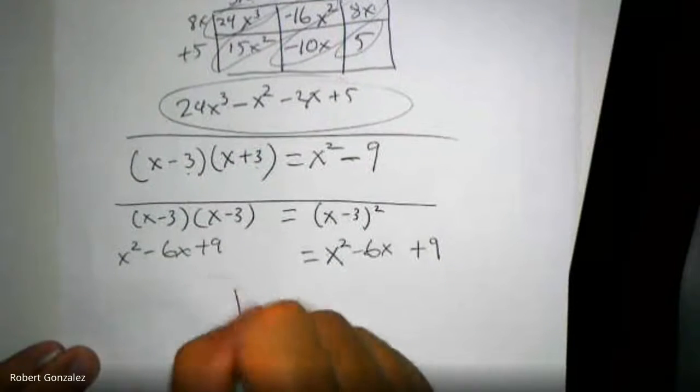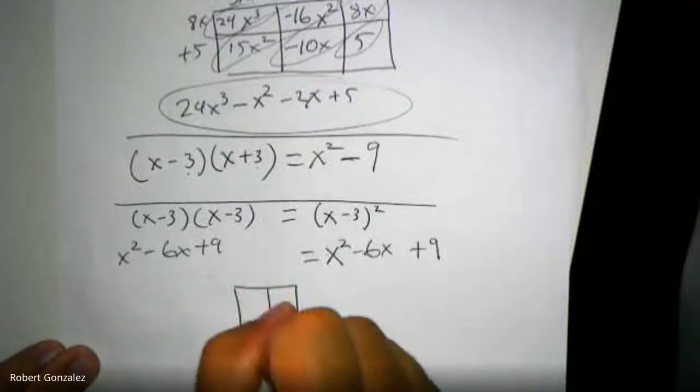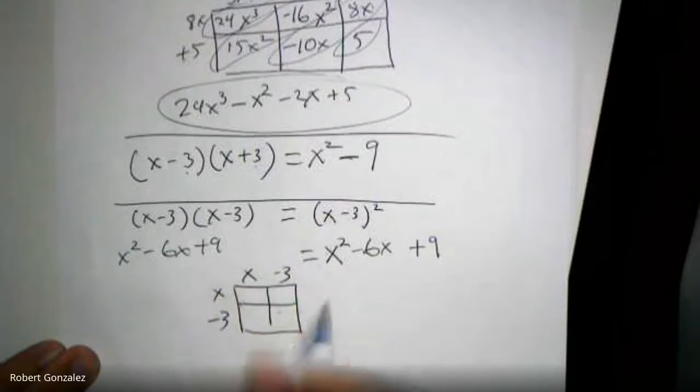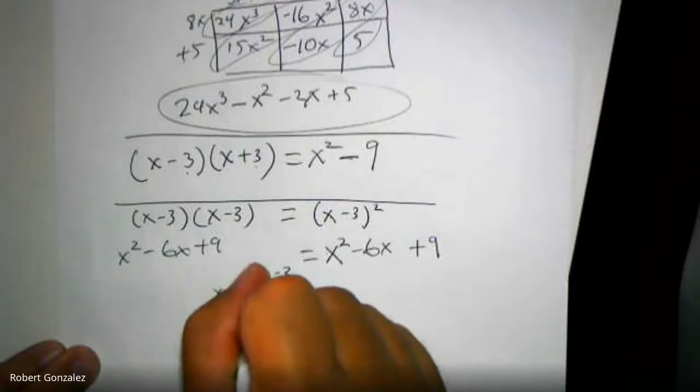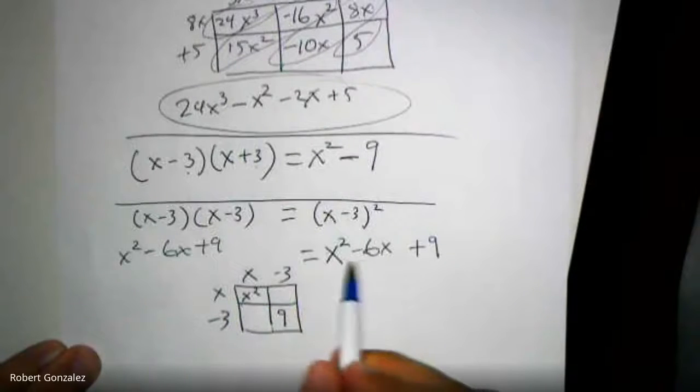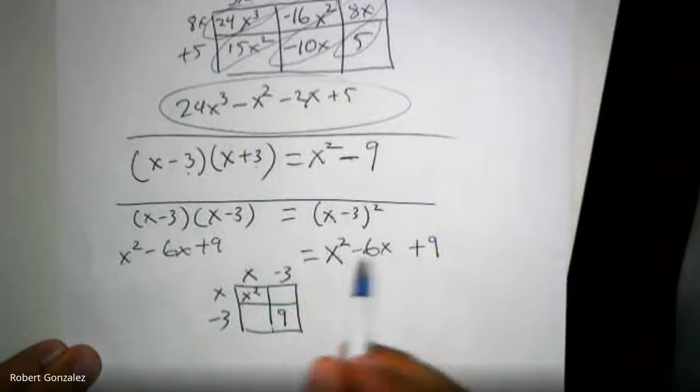If you don't like all of that, do the box. And we're going to see where this stuff comes from. Right here is squaring the first, x times x. Down here is squaring the last, negative 3 times negative 3. So we see the square the first and square the last.